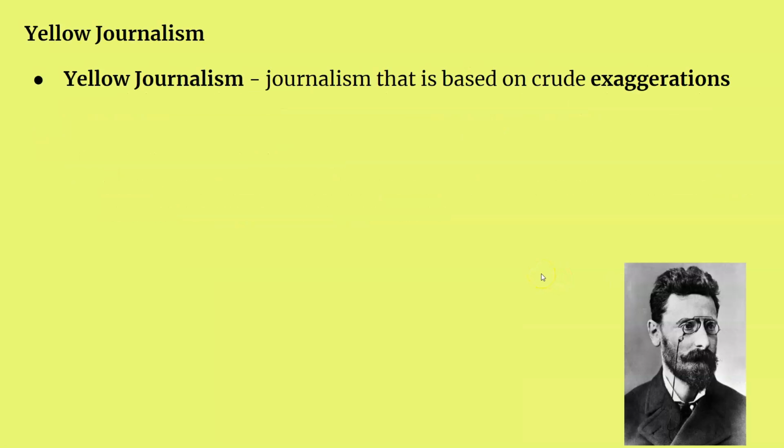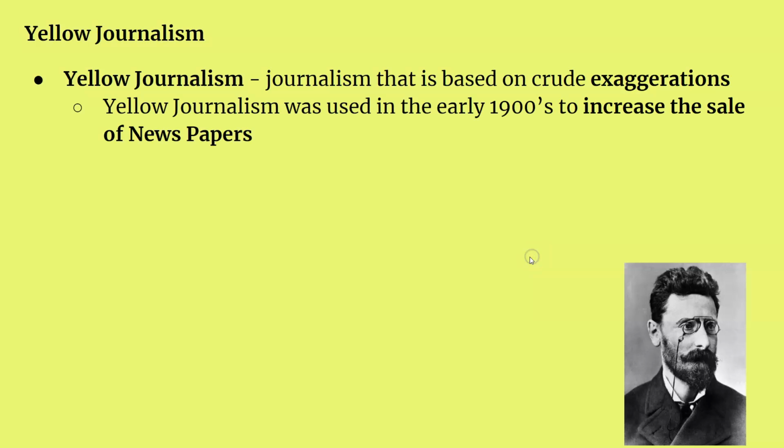So yellow journalism really started here. It seems like news has always been a bit of exaggeration, but this particular time period, where this exaggeration in news took place, was called yellow journalism. News wasn't really based on facts so much as gross generalization and exaggerations to sell newspapers.